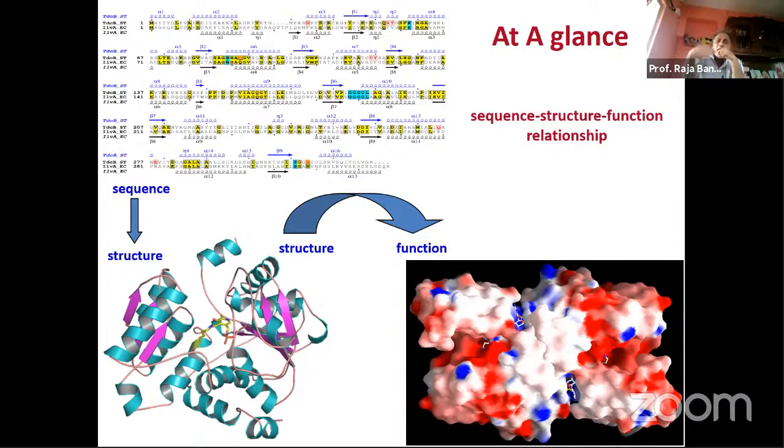We go in a different way, and it is Nobel laureate Kendrew who said protein folding from first principles: the sequence gives the structure, and the structure gives the protein. So that is the last word we have to say.